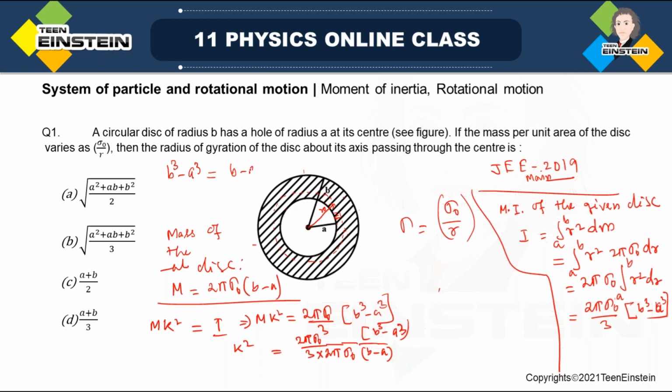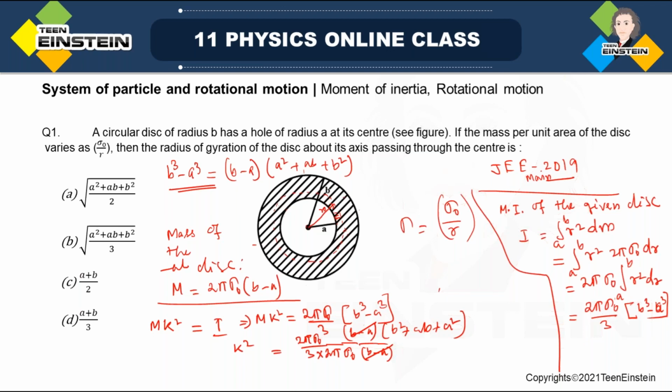So we can write (b minus a) times (b square plus ab plus a square). So this is b cube minus a cube. If we put this value here, we get b minus a, and then b square plus ab plus a square. So this will give you the answer.